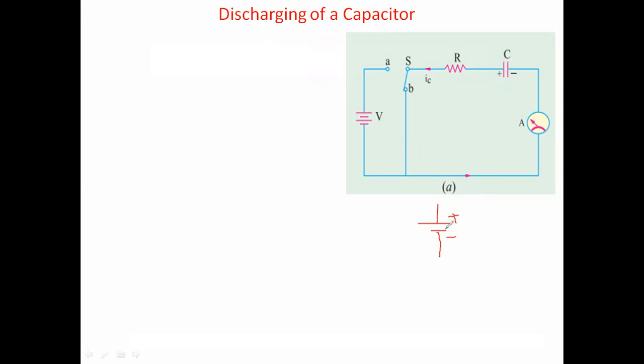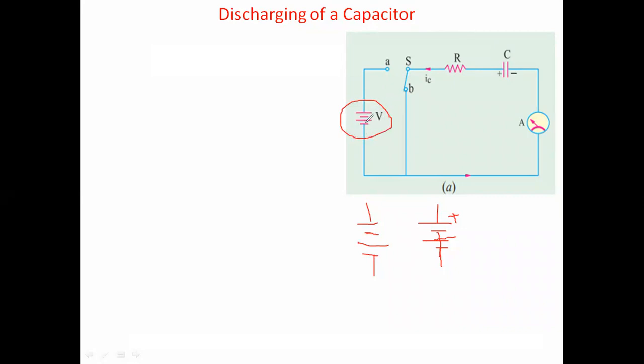When a number of batteries are connected in series like this, this is also a voltage source.